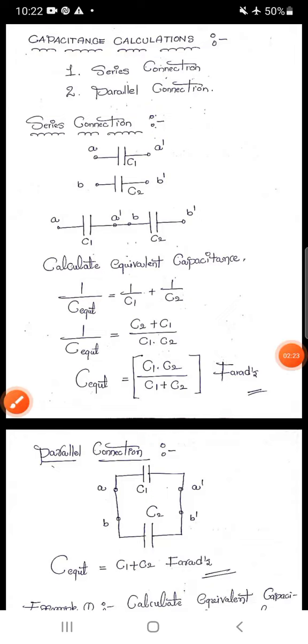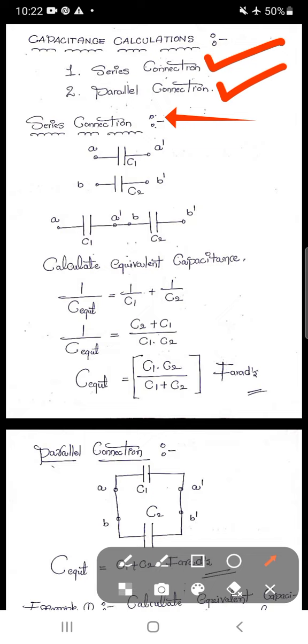So we are going to discuss the first two points. This one is a series connection and this one is the parallel connection. First we are going to discuss the series connection. Here the capacitances C1 and C2 are there.